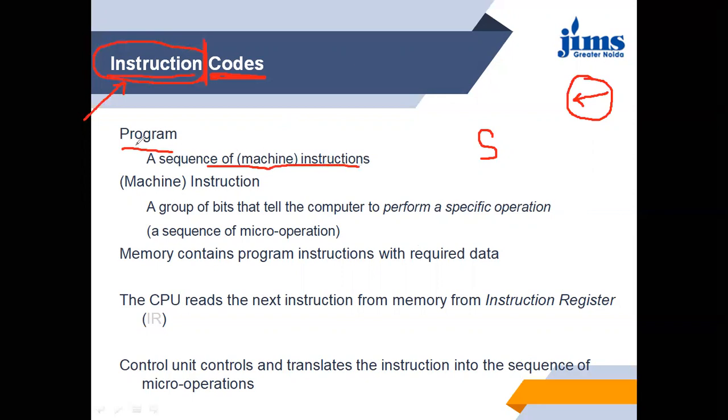We say machine instructions because we are concerned with the base of the machine, that is the CPU. A machine instruction is a group of bits that tells the computer to perform a specific task.